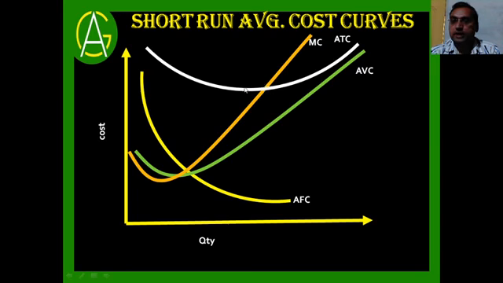So do remember that when average cost is minimum and marginal cost is equal to average cost, this point is known as the optimum point, or point of full capacity utilization, or point of optimum utilization, or efficient scale of output. Once again, this is the efficient scale of output because at this point the production capacity is fully utilized. Now these are important points that you need to remember from these curves.